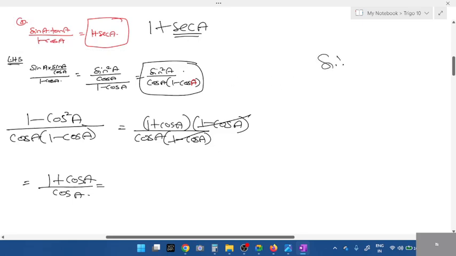Then I used the sine square A plus cos square A is equal to 1 concept. I replaced sine square A by 1 minus cos square A. That is what I've written. First go through what I've done, then complete it.